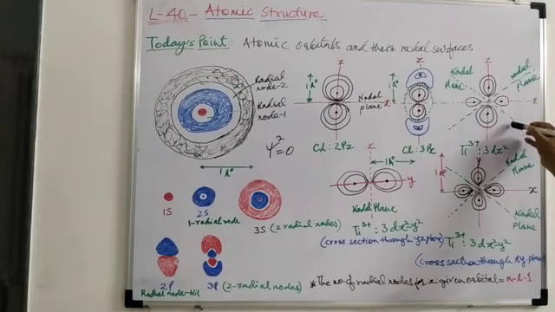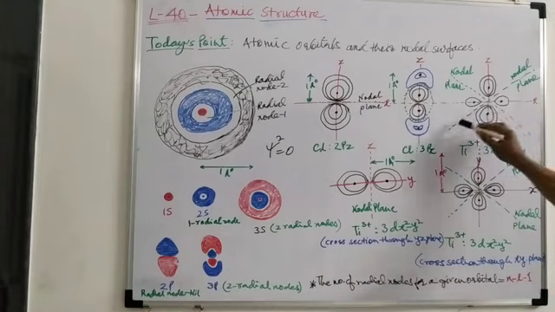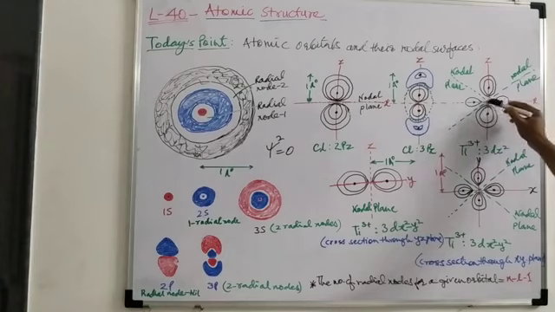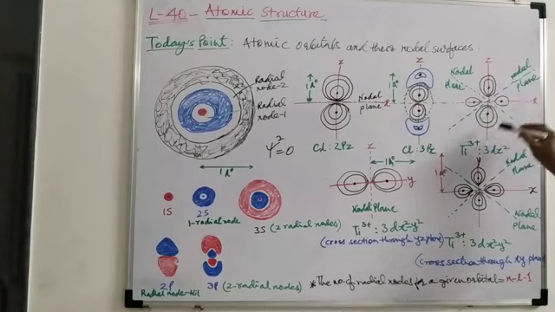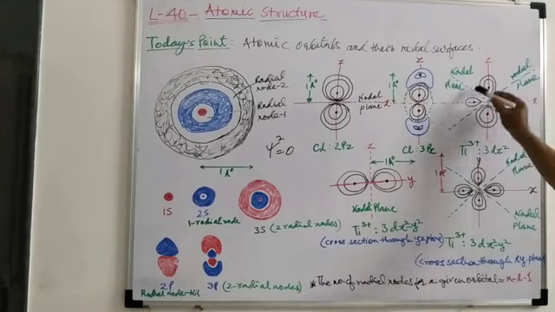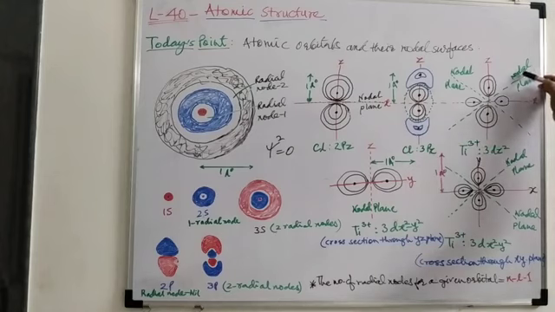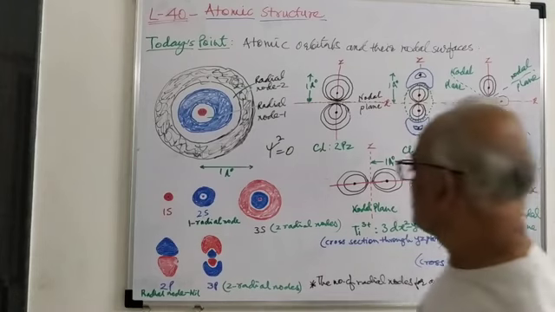But it is available in between these lines, or the line between z and this x-axis. So there are two lines which are indicating these are nodal planar surfaces. So this is the observation in case of 3d z2.